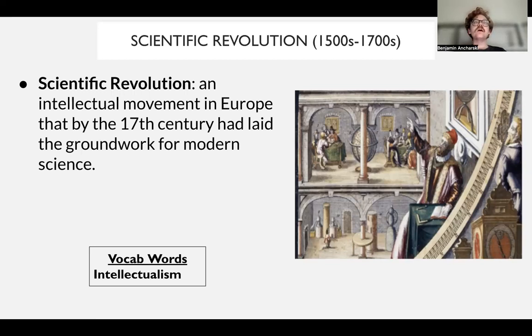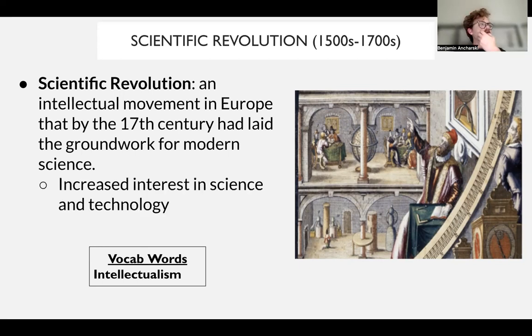We are going to see a profound advancement of secular intellectualism during the Scientific Revolution. So it generally is going to be this time period of rapid advances in science and technology that will, as we will see in a second, make Europe one of the leading centers of science and technological development in the world. So that's one of the big changes right there.